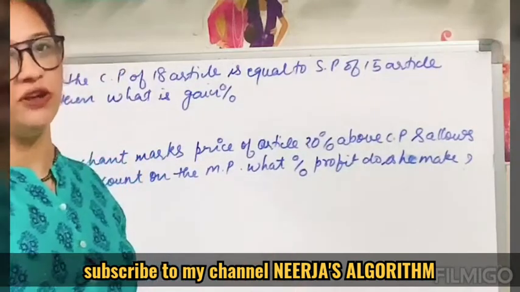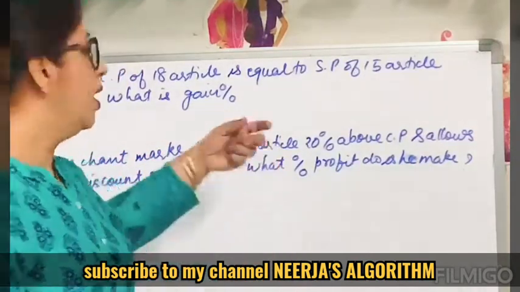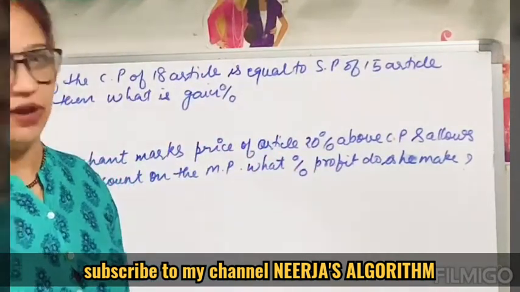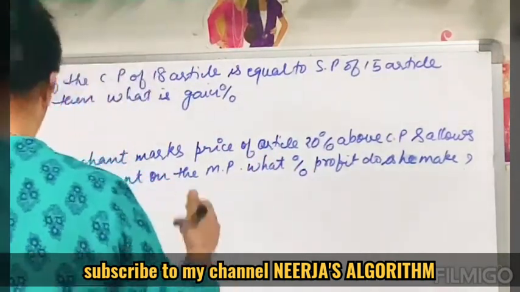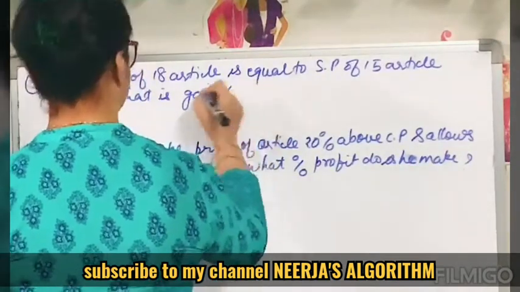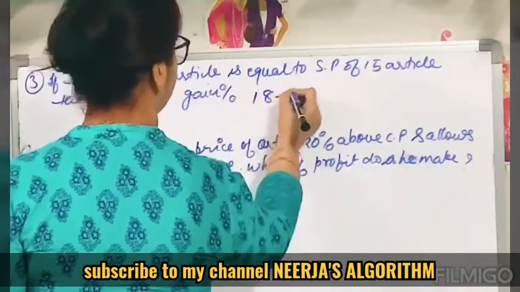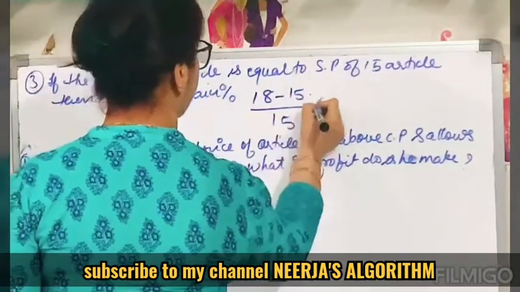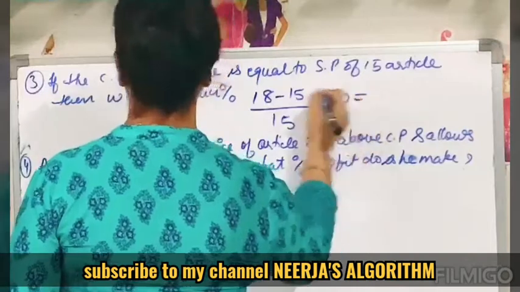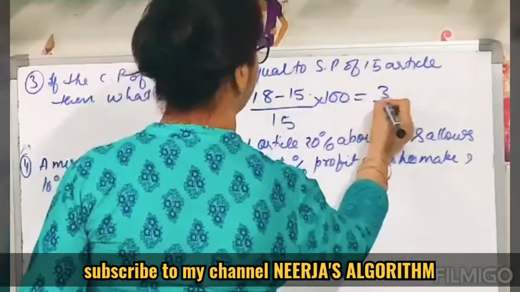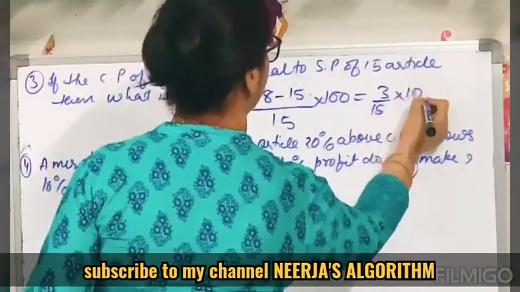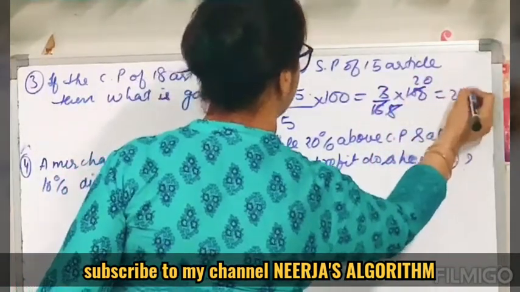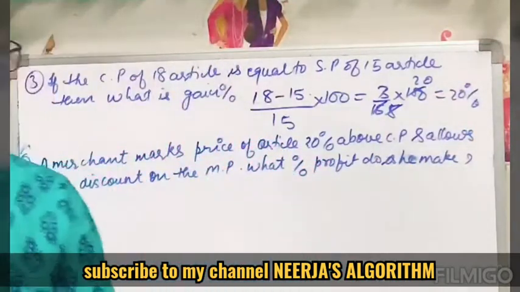This is a very common question. All students can recognize it, and wow, we can get it in an easy way. I am explaining you. See here, it would be 18 minus 15 by the selling price into 100. I got it. The cost price, 3 by 15 into 100, and it becomes 20%. That is your answer. So easy to get, the gain percent.